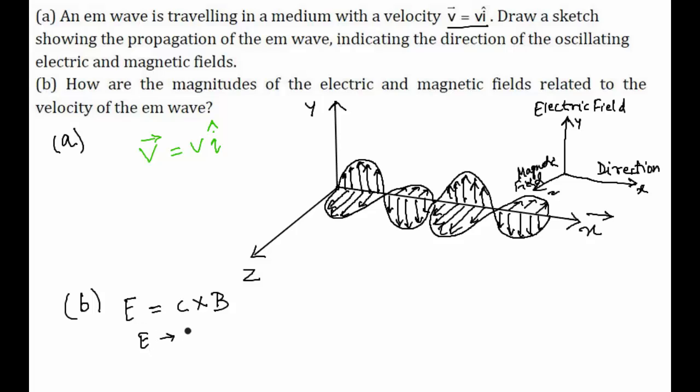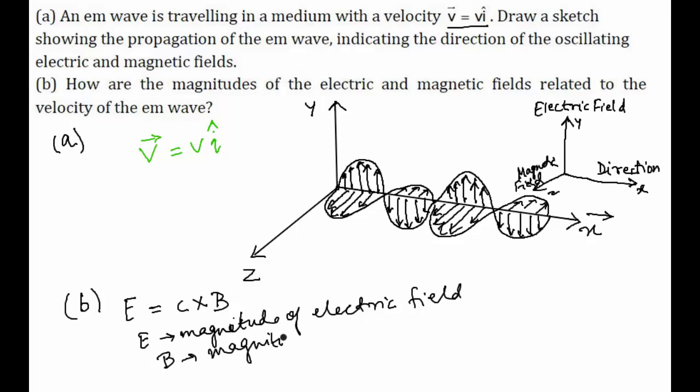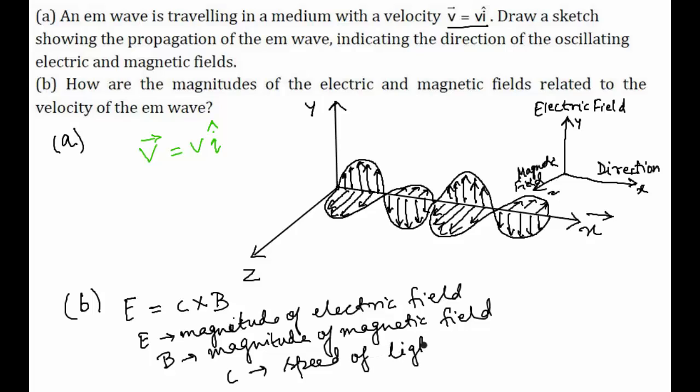E is nothing but the magnitude of the electric field, B is the magnitude of the magnetic field, and C is nothing but the speed of light, or here the speed of the electromagnetic waves.